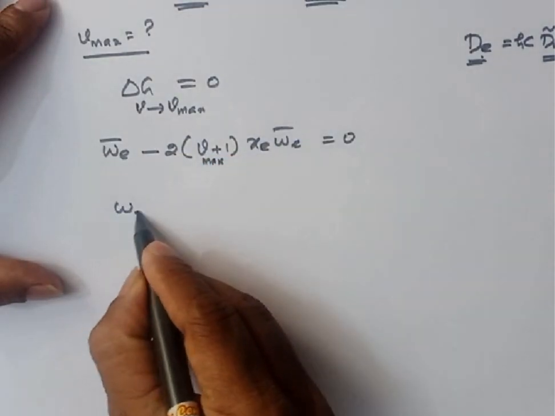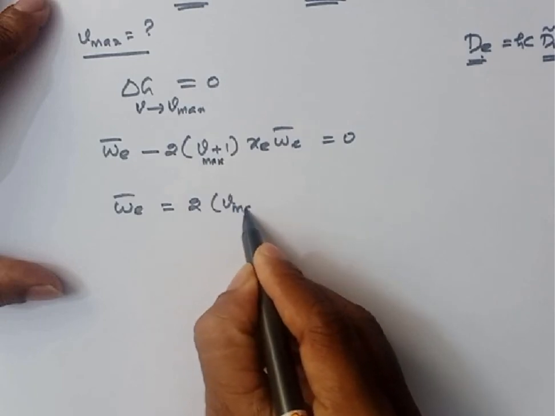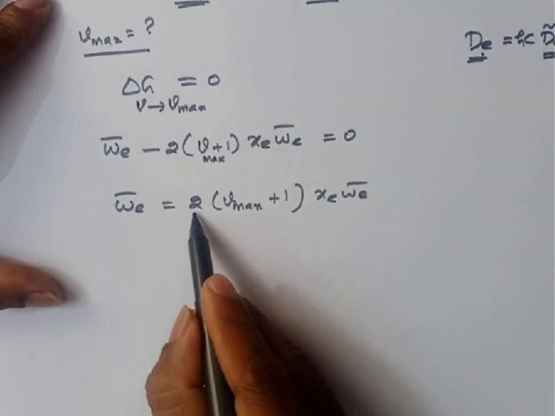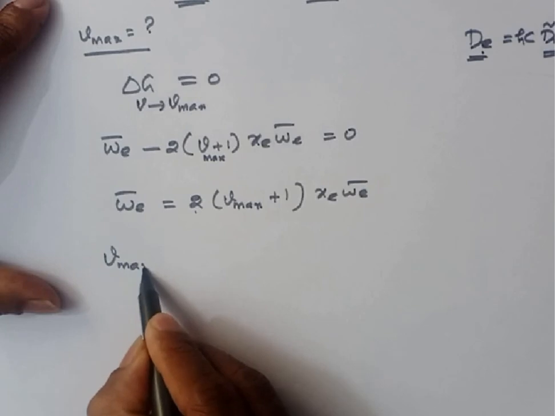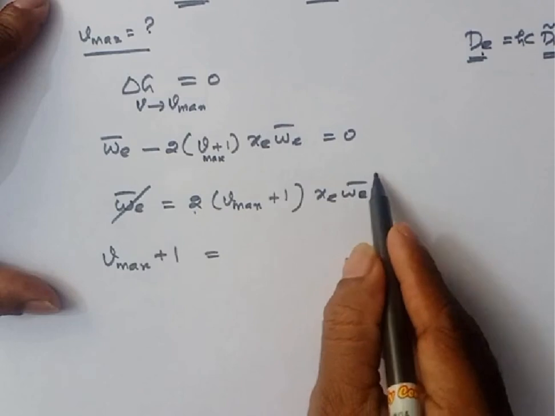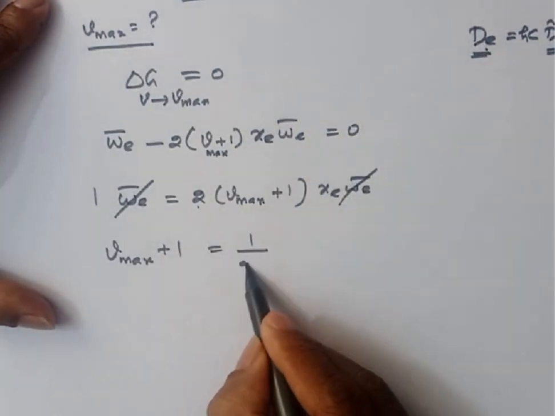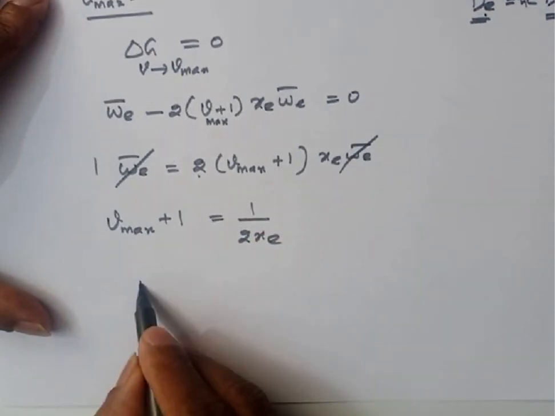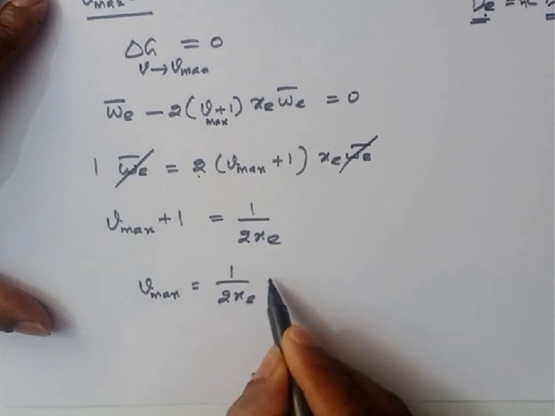So omega E bar equals 2 into Vmax plus 1 into XE into omega E bar. I'll bring this 2 XE omega E bar to the left hand side. So I can write Vmax plus 1 equals omega E bar cancels, so you get 1 by 2 XE. Or I can write Vmax equals 1 by 2 XE minus 1.